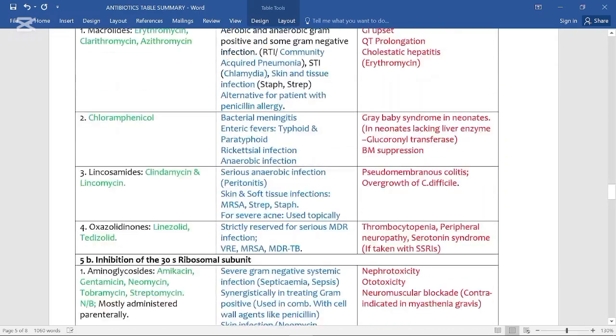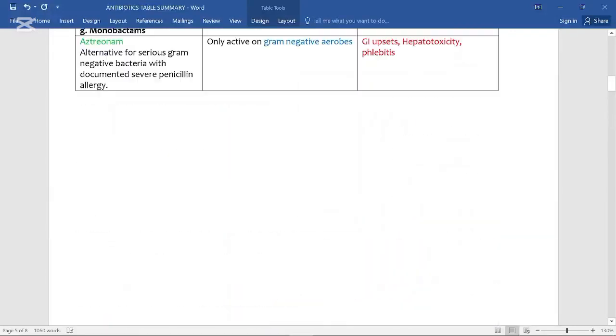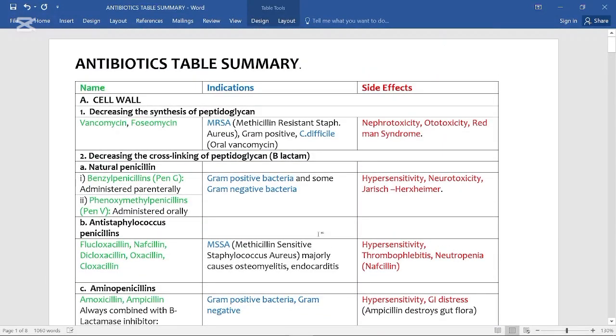This is a summary table that I've created during the entire series. I'm going to maybe make a PDF of it and create a link in the comment section where you can just download the PDF and go through what we've discussed. It is a very long class. We began in episode 1 looking at the structure of the bacteria, and we said that bacteria are very easy to kill or stop their growth.